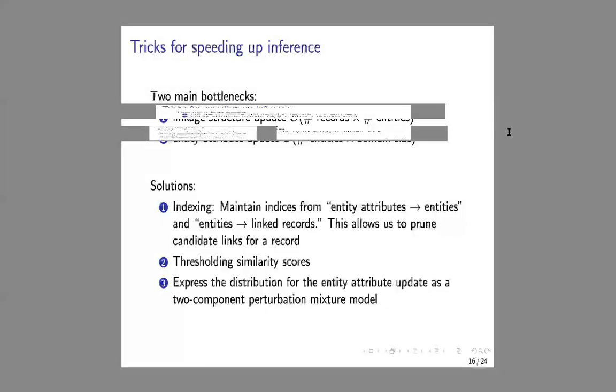Finally, I'm going to express the distribution for the entity attribute update as a two-component perturbation mixture model. The reason I'm going to do this is it allows me to update this entity attribute update in linear time, which is much faster than expressing it as a hit and miss model. And this uses the alias method.